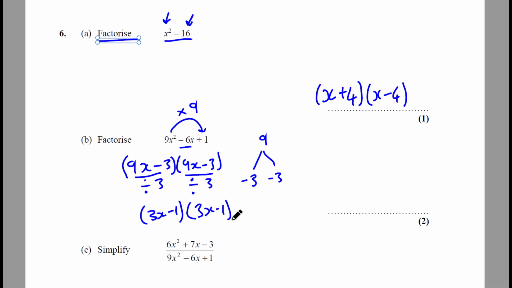If you have time, you should always expand it to double check you're correct, because students do make silly mistakes on this. If you expand that you do get 9x squared minus 3x minus 3x, minus 1 times minus 1 is plus 1, which does return you to the expression. So the answer is correct.